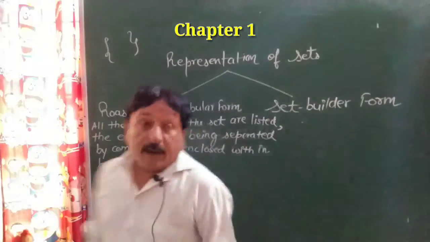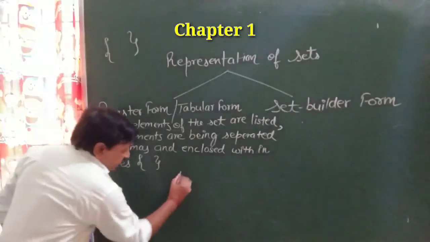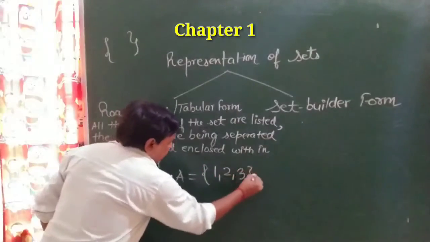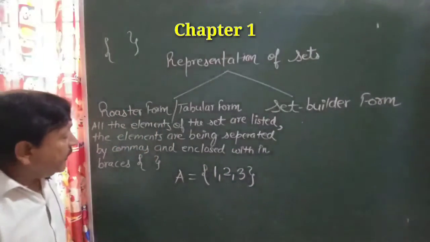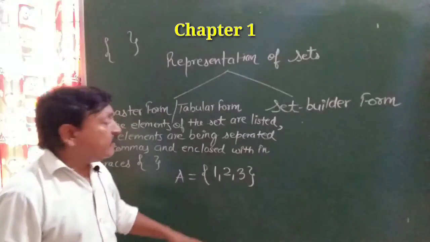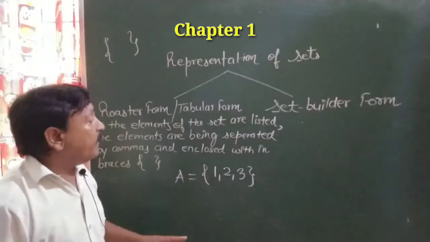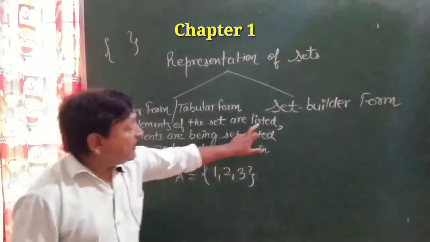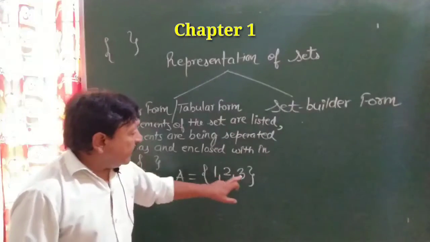It means if we write like this, A equals {1, 2, 3}, okay, we have listed the elements. Listed means we are showing all the elements which are coming in this set. In this set, which elements are coming? The list of elements: 1, 2 and 3.